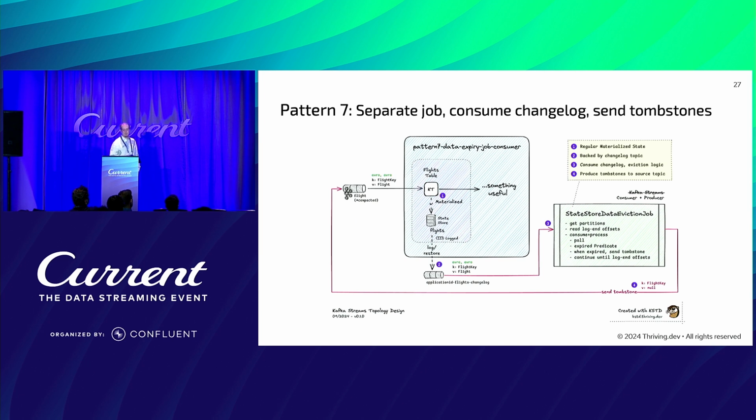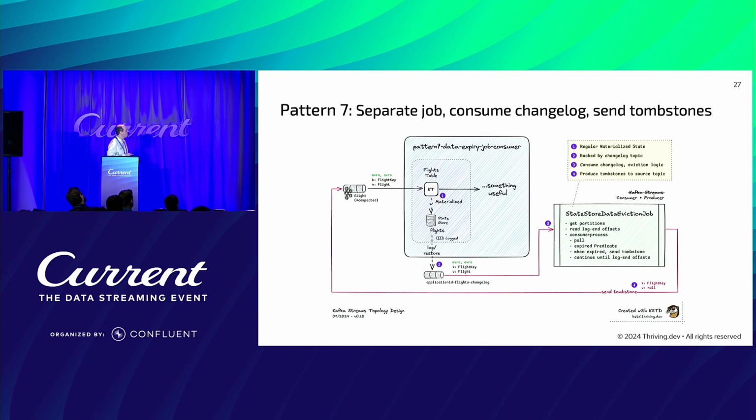Moving on to pattern number 7. This is the first pattern which is not only using Kafka Streams and not doing this within the topology. What we are doing here is using a separate job for the TTL.